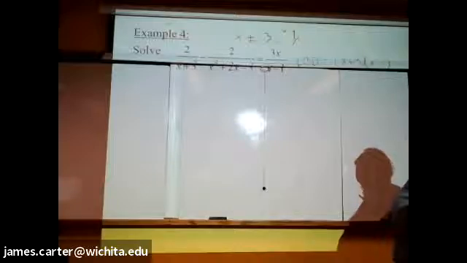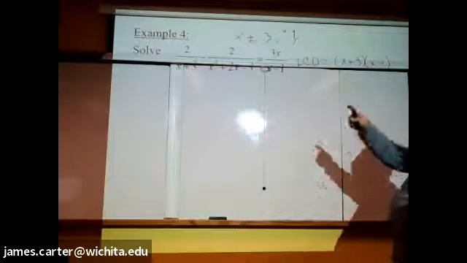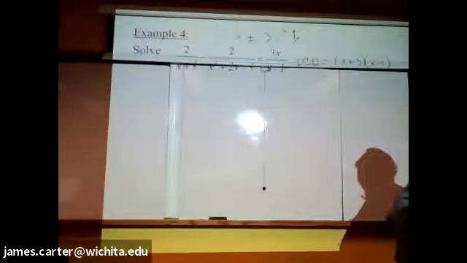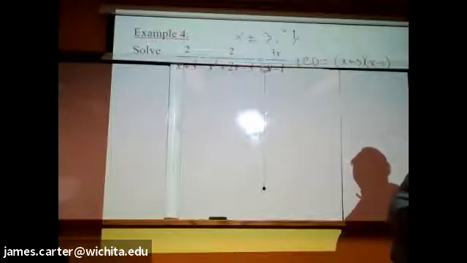Okay, here's another similar problem. 2 over x plus 3 minus 2 over x squared plus 2x minus 3 equals 3x over x minus 1. Okay, we've got to factor this denominator.